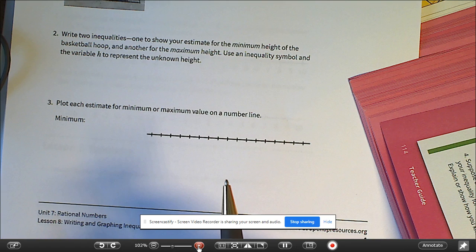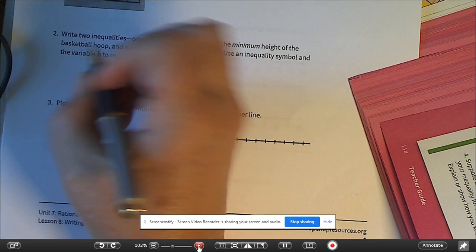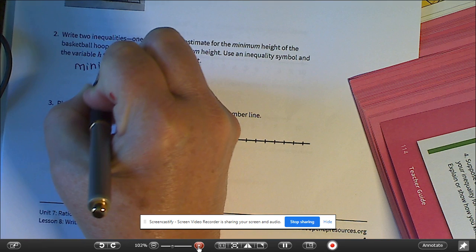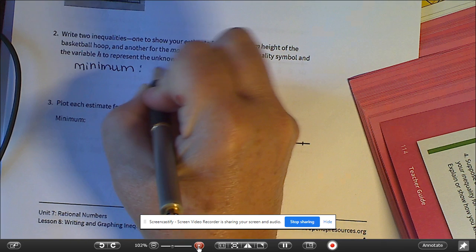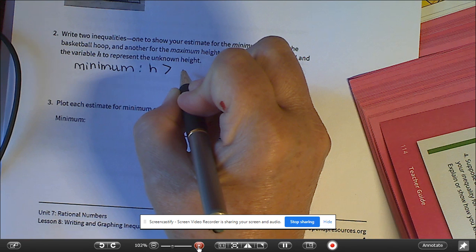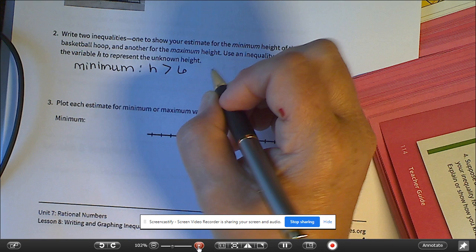All right, let's go to number 2. Write 2 inequalities. One to show your estimate for the minimum height of the basketball hoop, and another for the maximum height. Use an inequality symbol and the variable h to represent the unknown height. So I said the minimum was the height is greater than 6 feet.